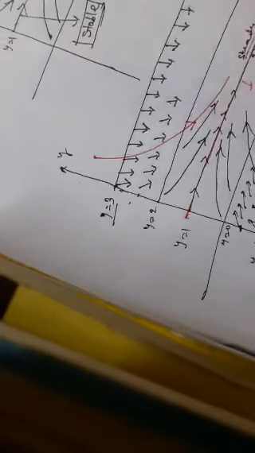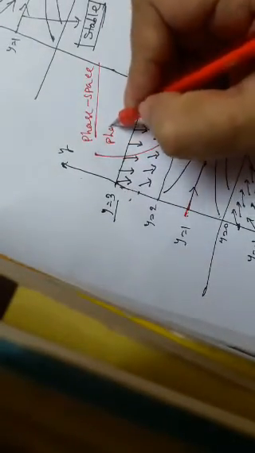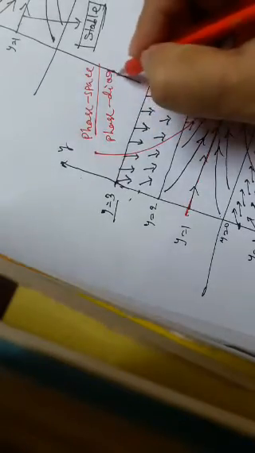So see the elegance of the phase space. This is called the phase space or phase diagram. How beautiful the picture is.